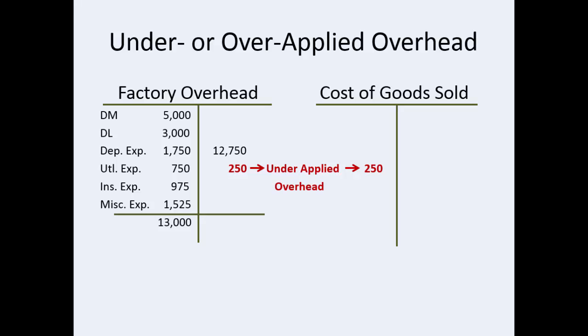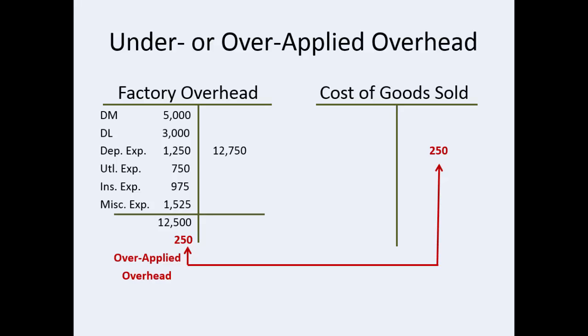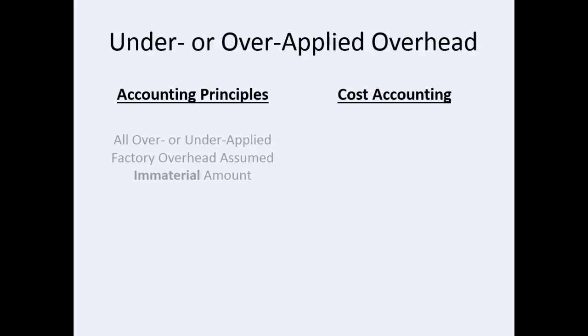I'm simply going to make an adjusting journal entry. I'm going to debit cost of goods sold and credit factory overhead. So when you're adjusting for over or under applied, think of it as closing out the overhead account. If it's over applied, then I'm going to debit factory overhead and credit cost of goods sold.